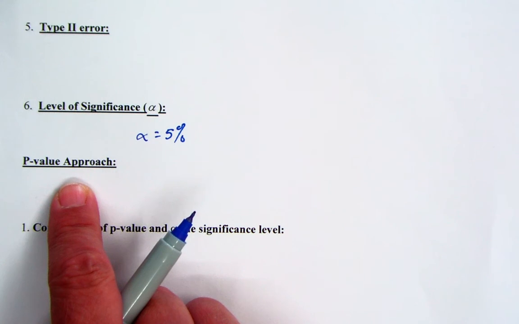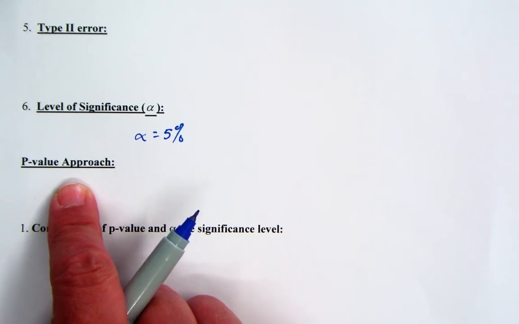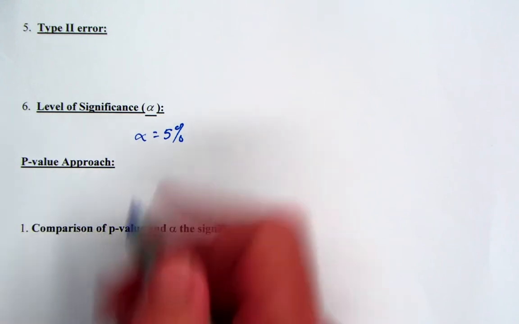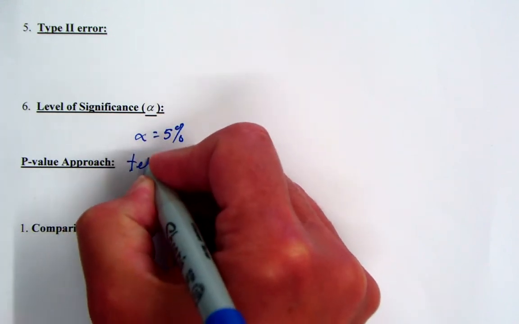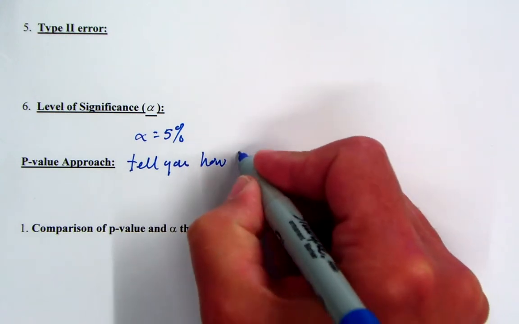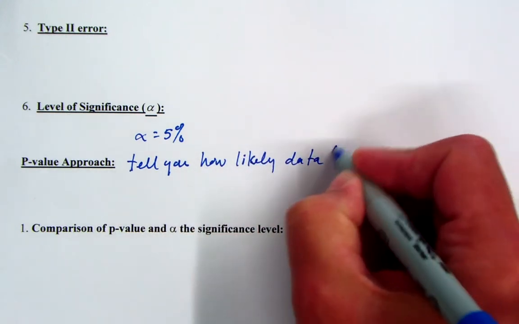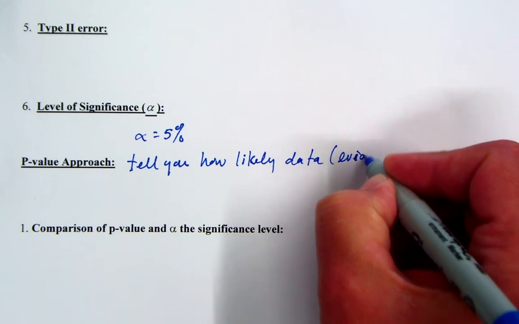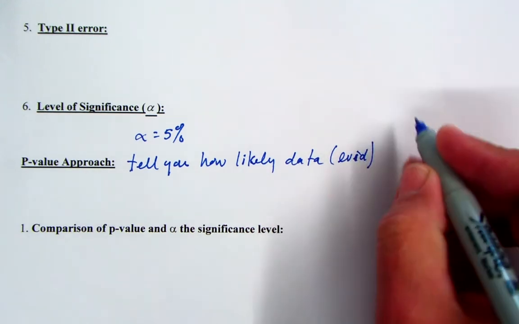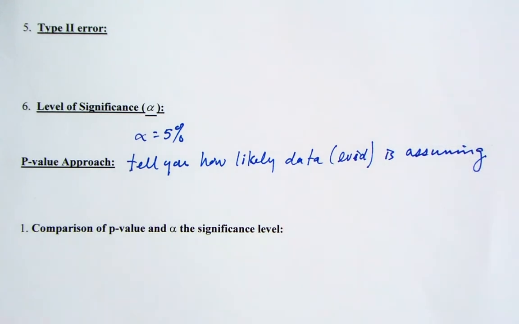Okay, so you're going to look some stuff up in the table, and that p actually stands for percentage or probability. And what it does is the p-value is going to tell you how likely the data, or in other words, the evidence, is assuming. So we have all these assuming things, okay?